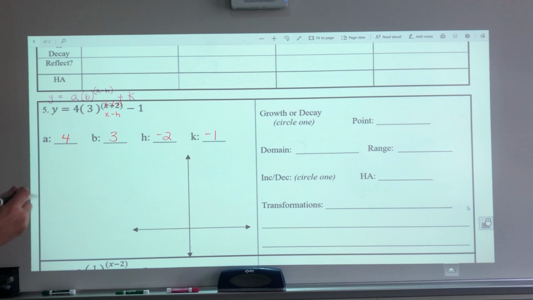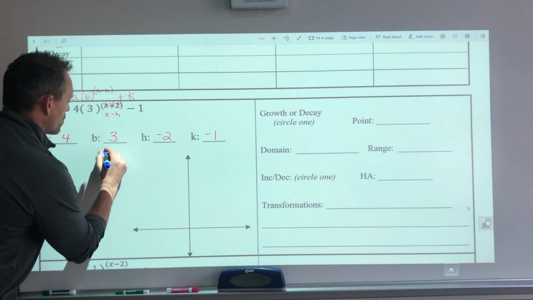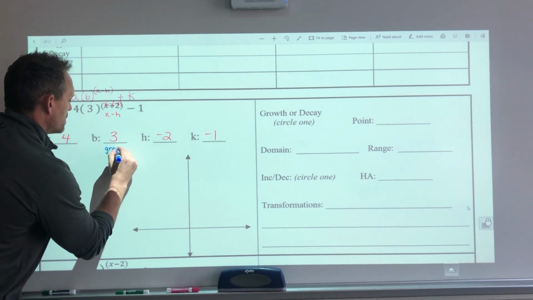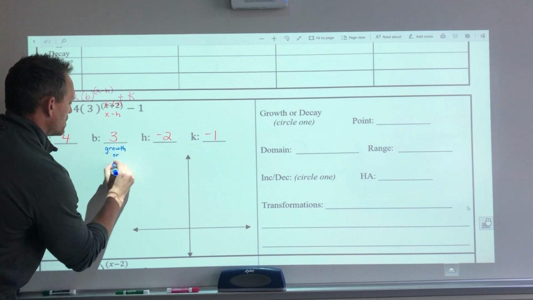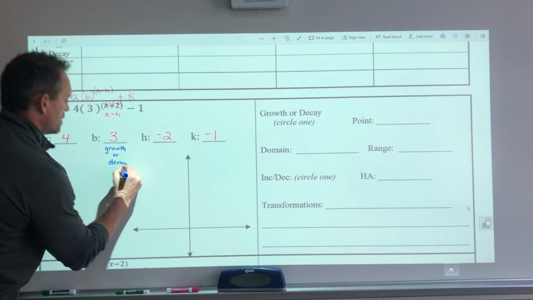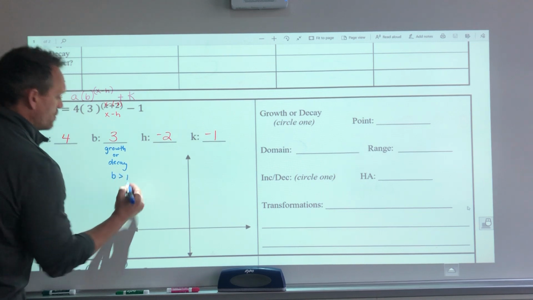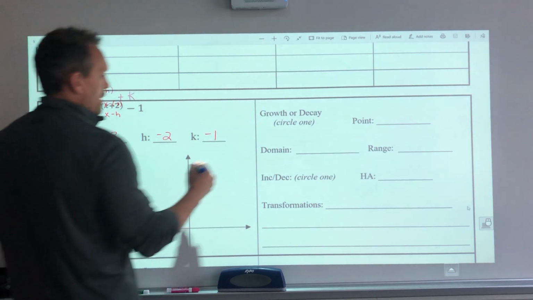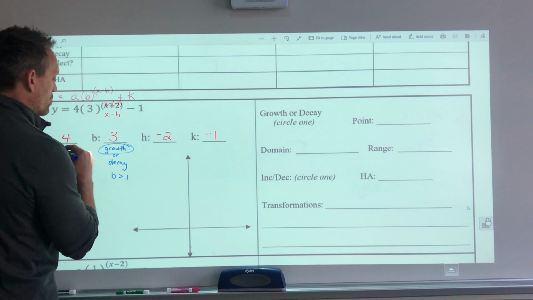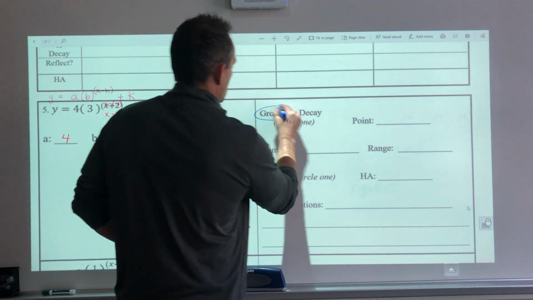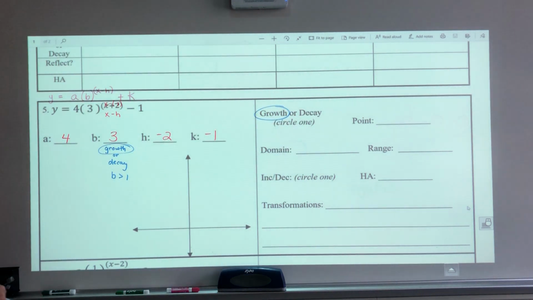Transformations, okay? Well, let's talk about this. This determines growth or decay. b is greater than 1, which means it will be growth. Not going to deal with the point just yet. We'll talk about that in a minute.